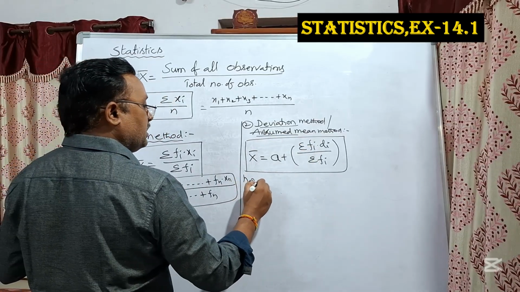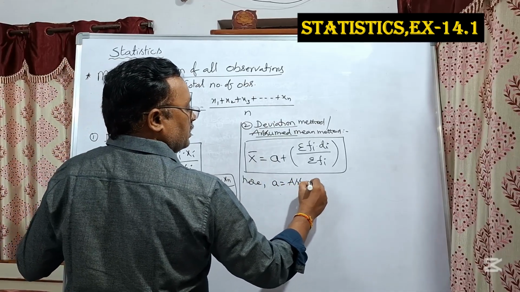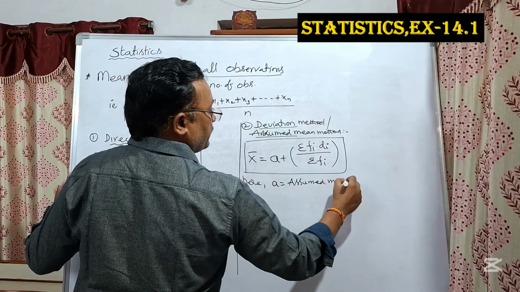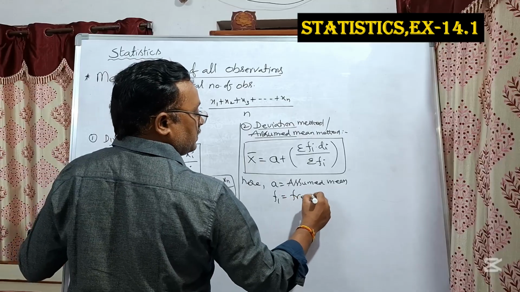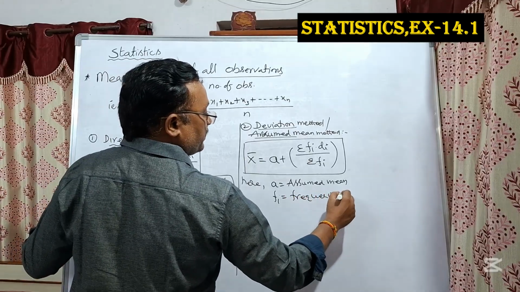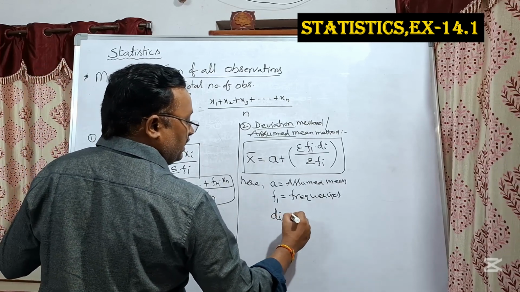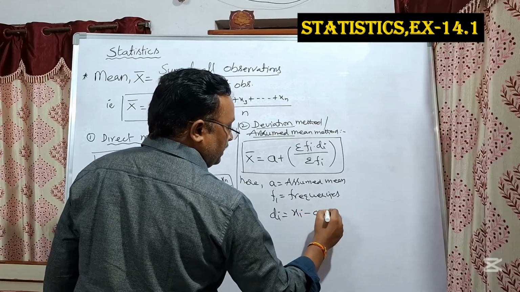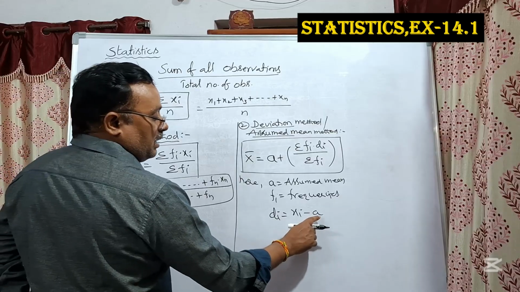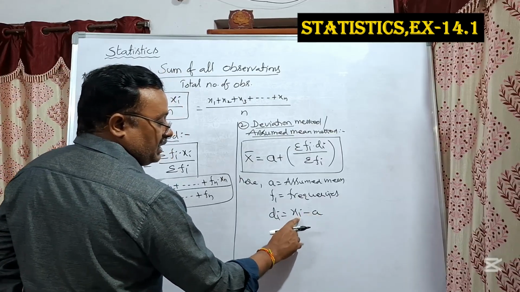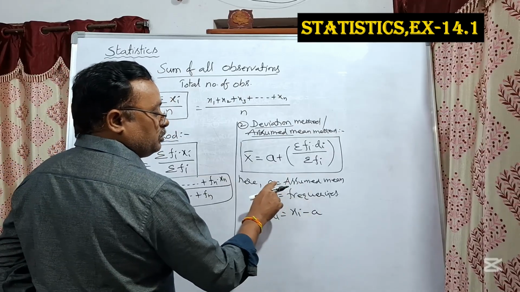Here a is called the assumed mean. fi is called the frequencies of the individual observations. di is xi minus a, the deviation, meaning the difference between individual observations x1, x2, x3 with respect to the assumed mean a.